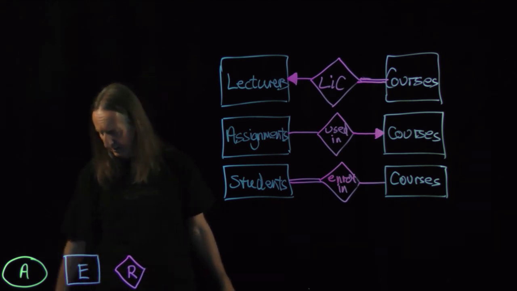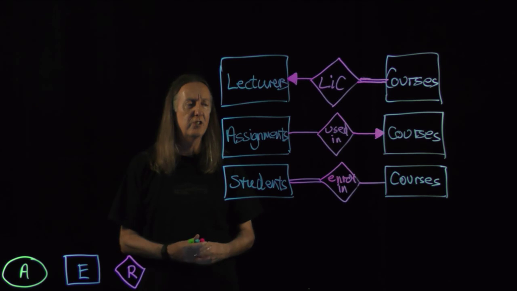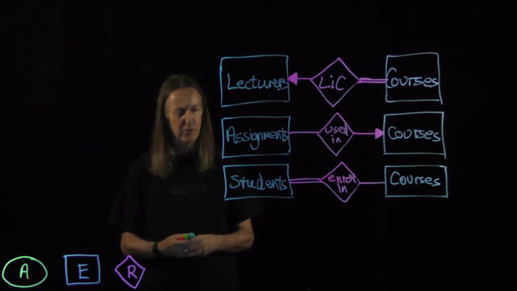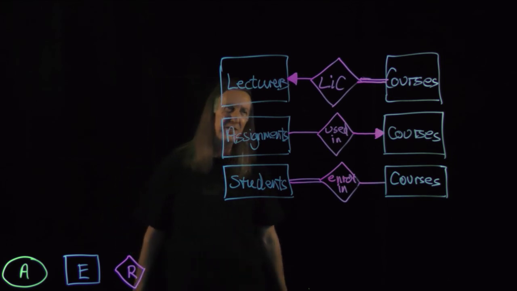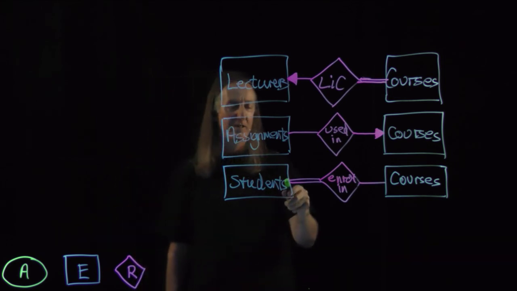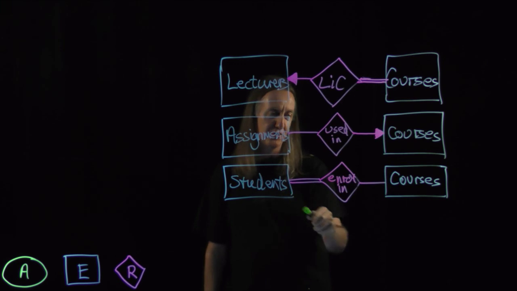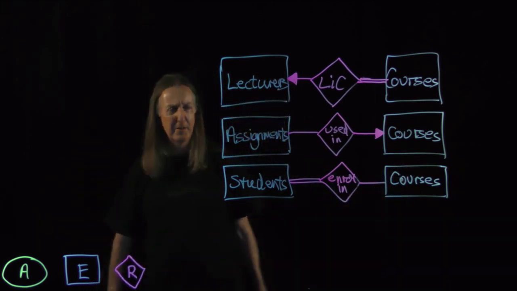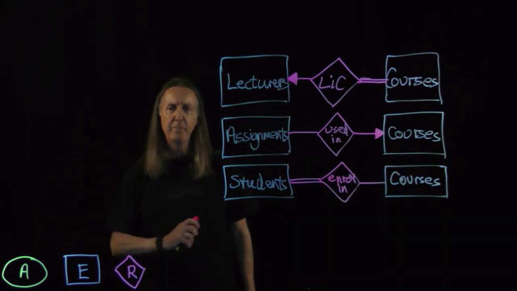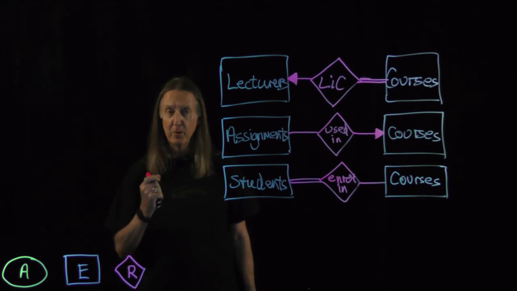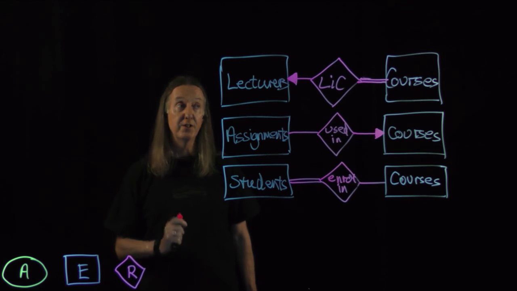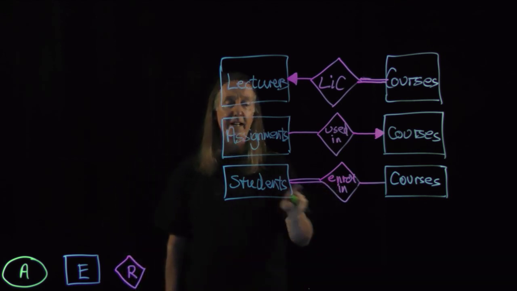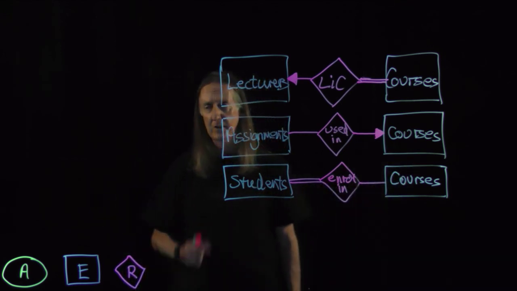Now, if we go back to the requirements, it says that a student has a mark and a grade for each course. Now, I guess potentially we could associate students to courses with a grade or something like that, but in fact, that piece of information is more of an attribute-like thing, and the attribute is associated with the fact that a student is enrolled in a particular course.